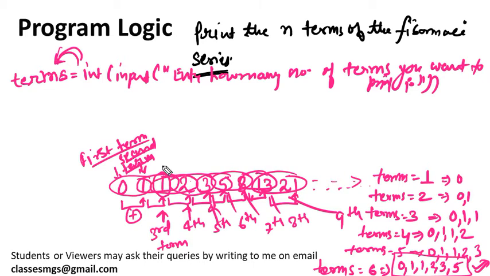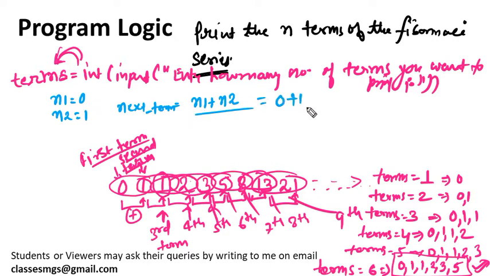Business logic is what? Let's suppose n1, the first term, is fixed at 0, and n2, the second term, is also fixed, that is 1. From the next term onwards, to get the next term, you add these two terms. So 0 plus 1 becomes the third term.